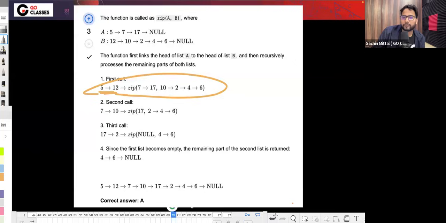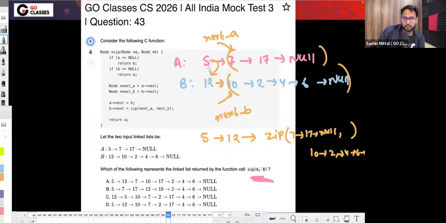Similarly 7 will point to 10. Since this is a recursion, 5 will point to 12, 7 will point to 10, and similarly 17 will point to 2, and since it is null, it will return the same, which means 4, 6 and null will keep on pointing to each other.